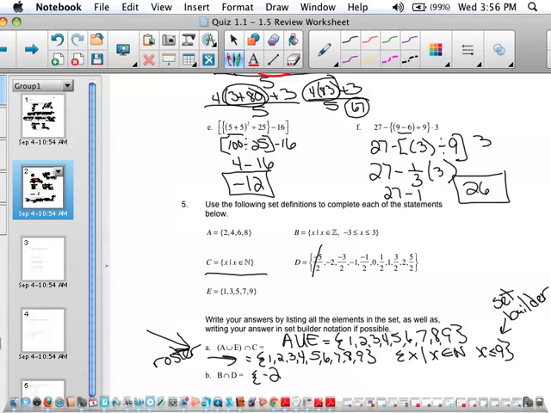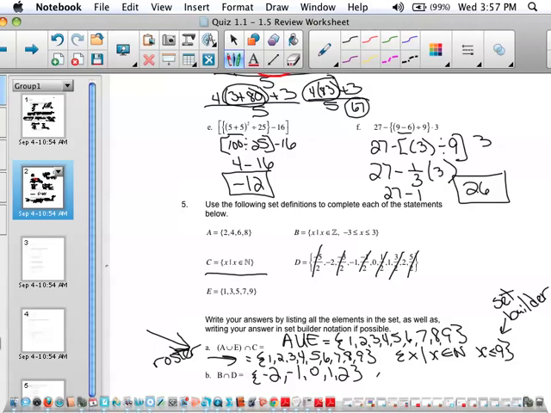So -2 is in both sets. -3/2? No, it's not. How about -1? -1 is in B, it's in D. 1/2? No. And actually we can just look at this and we can say all of those fractions are gone. So we will end up with the set -2, -1, 0, 1, and 2.